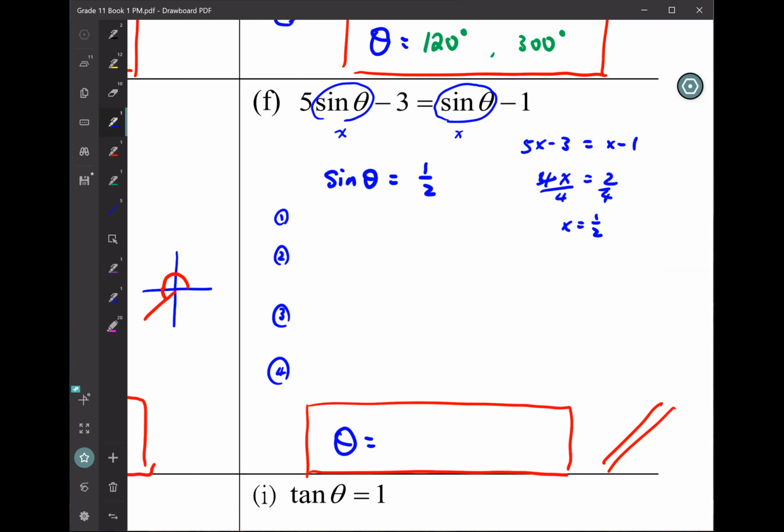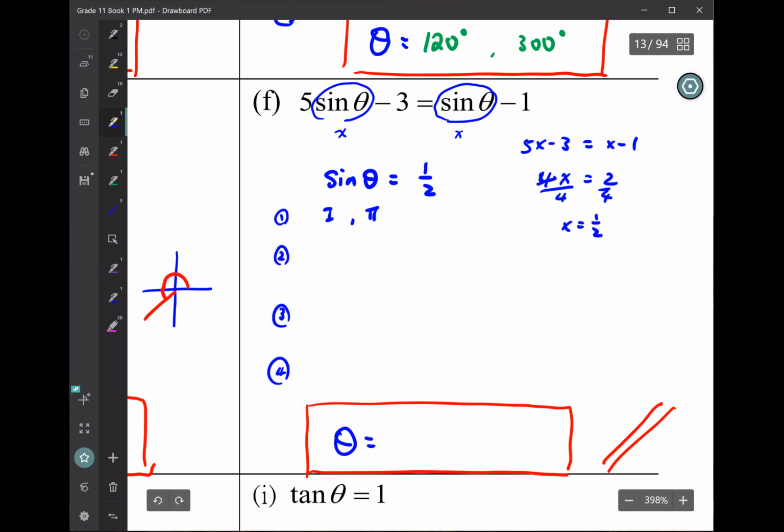Okay, so Jiawen, what's your first step? Check sine. So what's your answer? Which quadrant? 1 and 2.